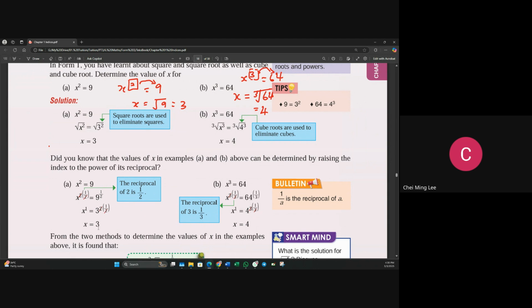So x is 3. For this one, it becomes cube root of 64, from power of 3 to 1 over 3. 64 can be changed into 4 to the power of 3. Then 4 to the power of 3 times 1 over 3, simplify, you get 4 power of 1.